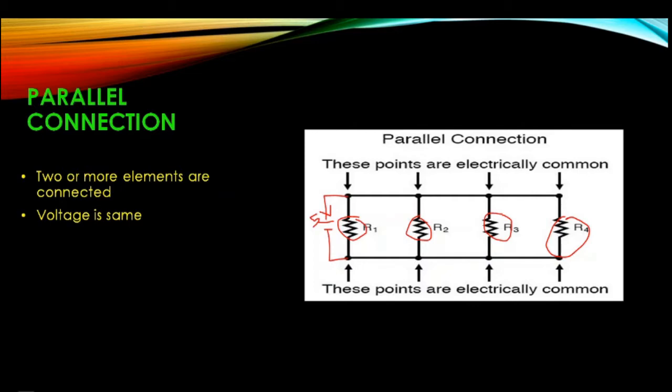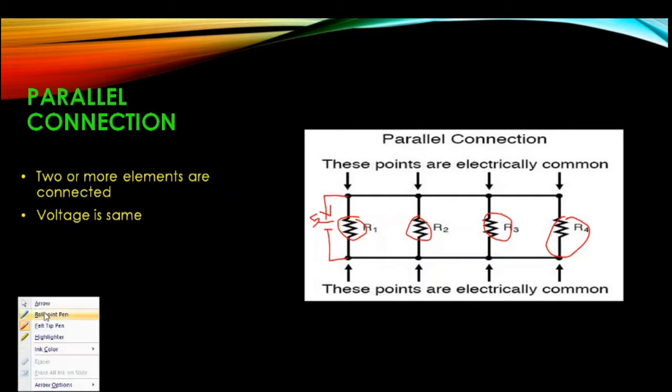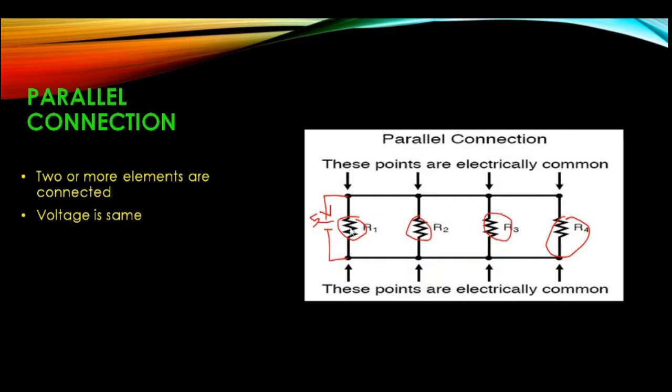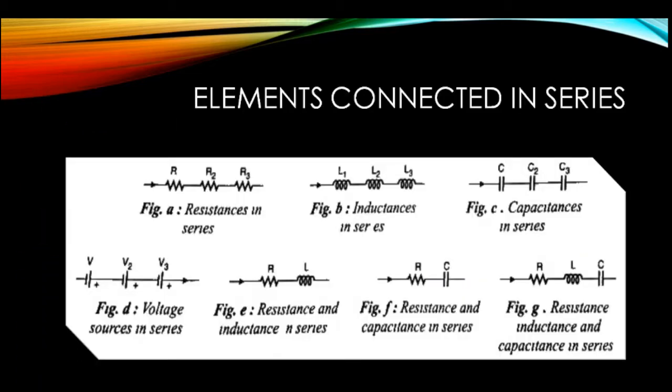But the current across all the resistances will be different. The current across R1 will not be equal to R2. It won't be equal to R3 and it won't definitely be equal to R4. This is called a parallel connection. Let us see a few elements connected in series.